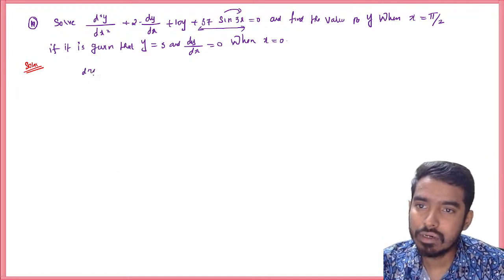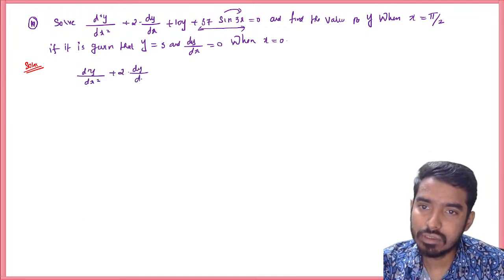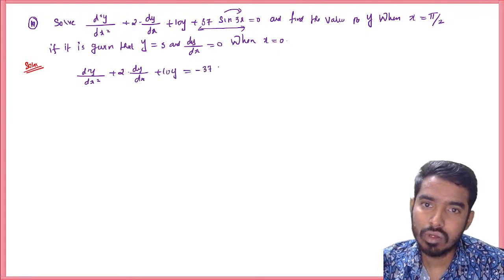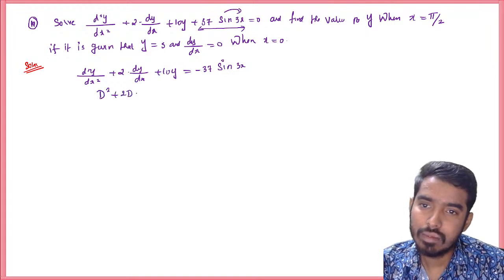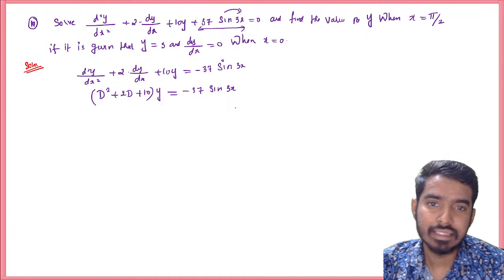So we have d square y by dx square plus 2 times dy by dx plus 10y is equal to minus 37 sine 3x, right? Same as d square plus 2d plus 10 of y is equal to minus 37 times sine 3x.